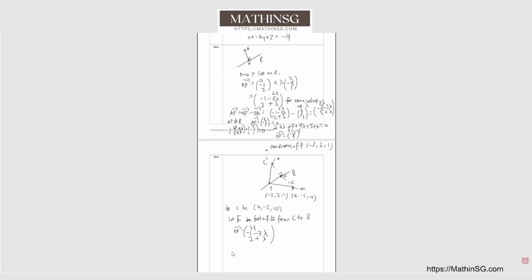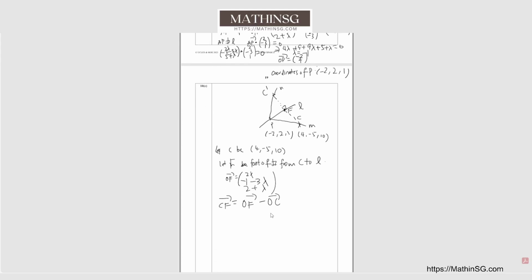Okay, and let's find what is CF. So CF is OF minus OC. OF is 2 lambda minus 1, minus 3 lambda, 2 plus lambda, and OC is 4, minus 5, 10.